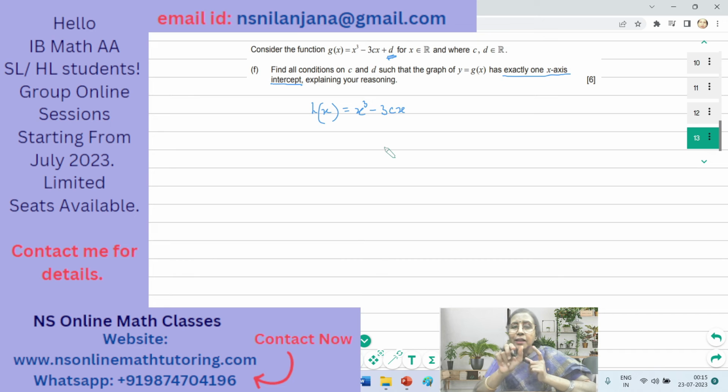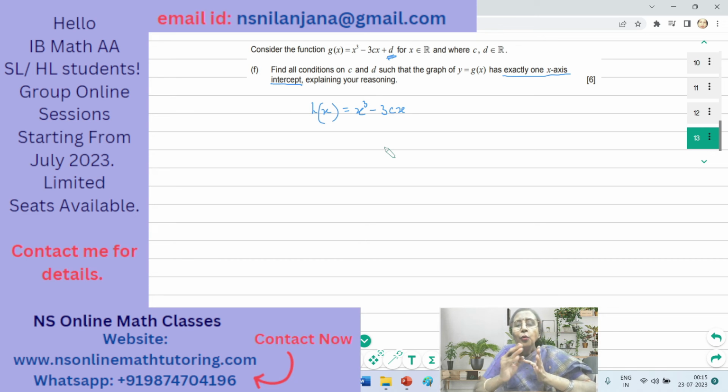The original x cubed minus 3cx, for every value of c, the graph of x cubed minus 3cx will be passing through the origin, and depending on the d value, it will be just translated up or down. Okay? When d is 0, it passes through the origin. When d is some other number, it is on the positive side of the y-axis, or on the negative side of the y-axis.